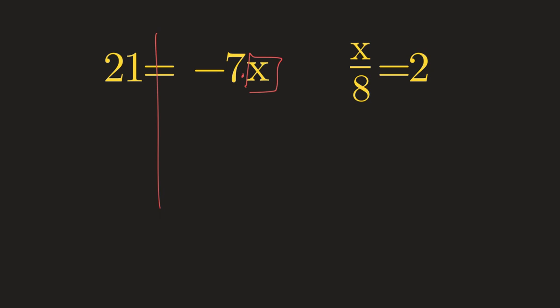Now, if negative 7 and x are being multiplied together, what undoes multiplication? Division. So, if negative 7 is being multiplied to x, we are simply going to divide both sides by negative 7.